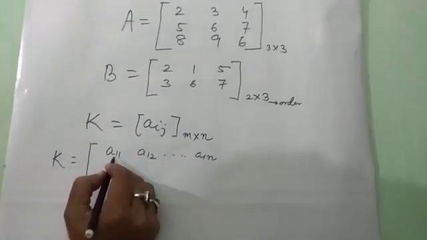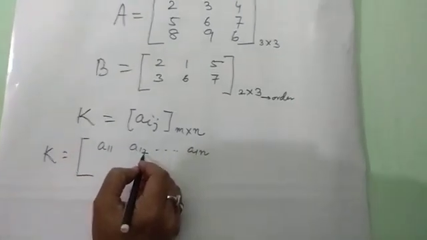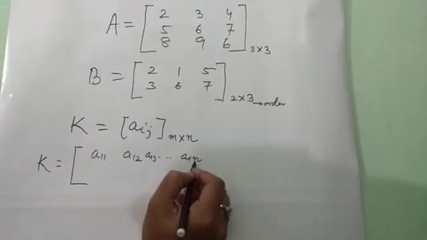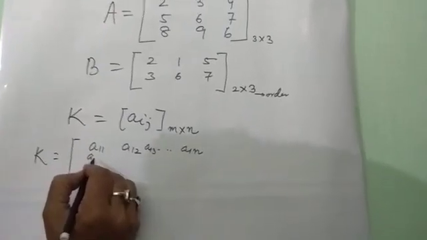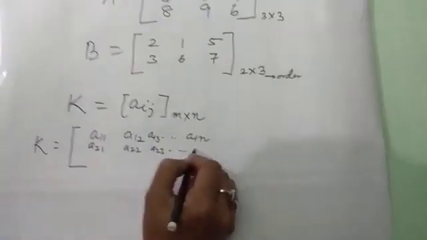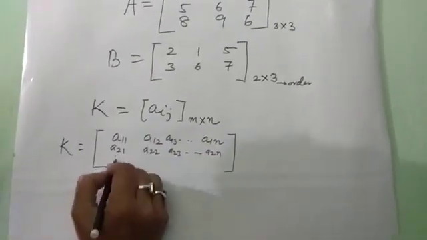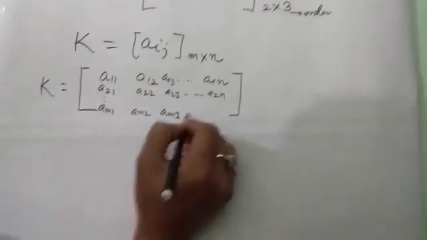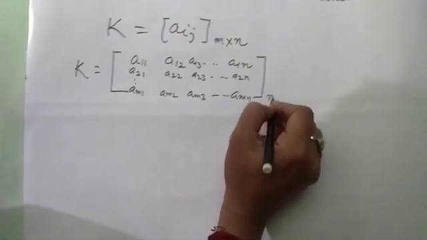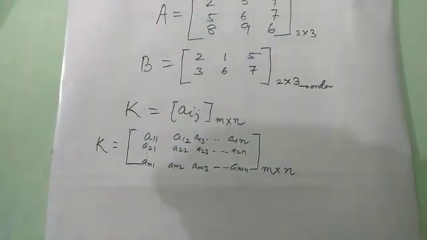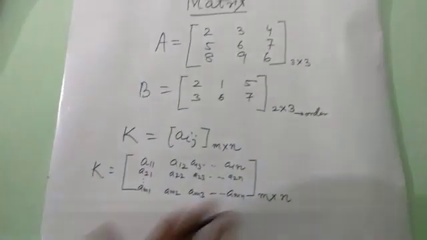That means row number 1, column number 1, row number 1, column number 2, row number 1, column number 3, and so on up to row number 1, column number N. Next we start row number 2, column number 1, A22, A23, and like this A2N, and it will go up to AM1, AM2, AM3 and so on up to AMN. So this is M cross N or M by N. This is the order here. M rows and N columns are there. So this is the definition of the matrix, and this is the order.